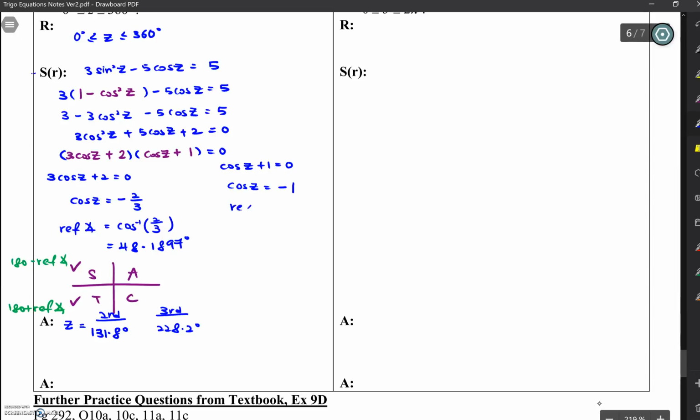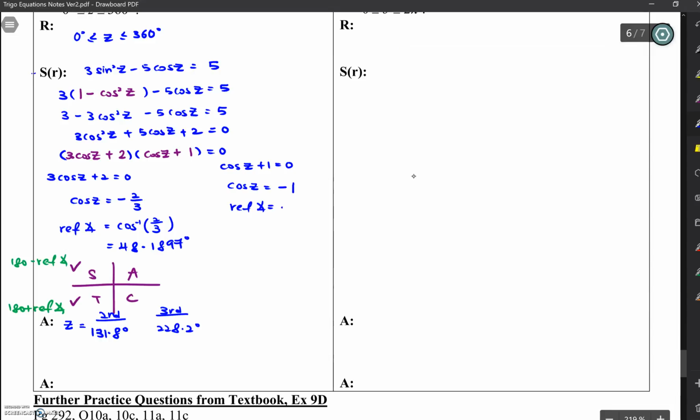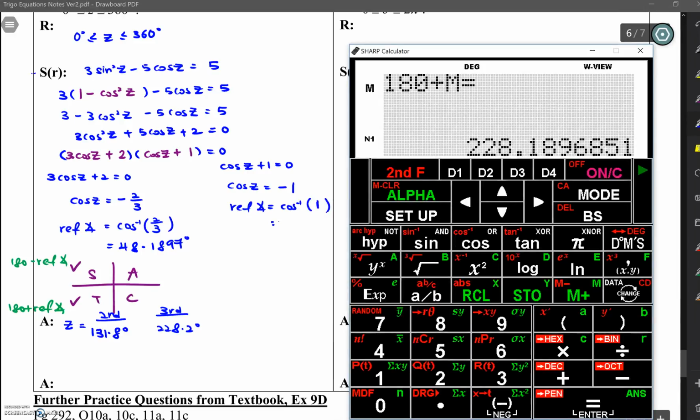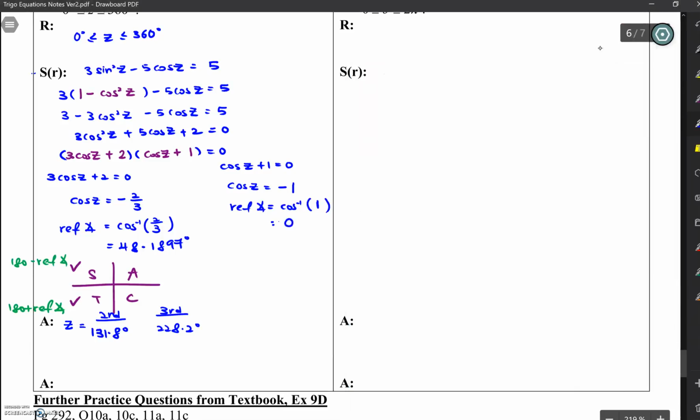So same thing, I have to find my reference angle for this case, which means I need to do cosine inverse of a positive 1. And cosine inverse of positive 1 gives me the answer 0. So it's just 0 degrees.